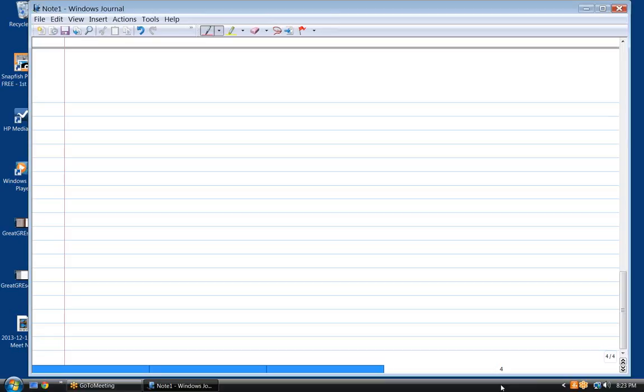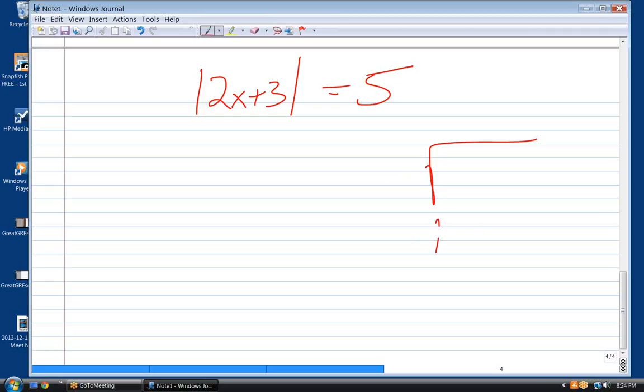It says solve an equation and check for extraneous solutions. The equation is the absolute value of 2x plus 3 equals 5. The types of equations that give you extraneous solutions, just so you know, are equations that have radicals in them, equations that have absolute values in them, and equations that have logarithms in them.